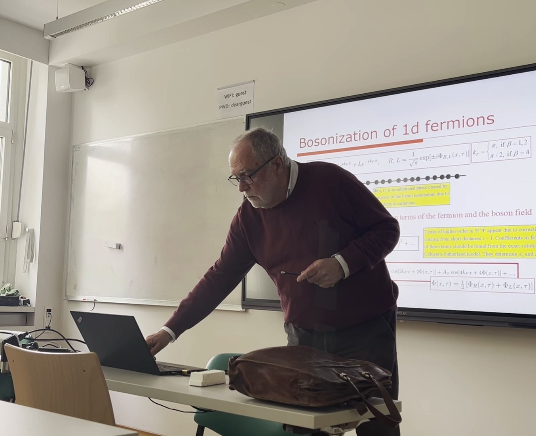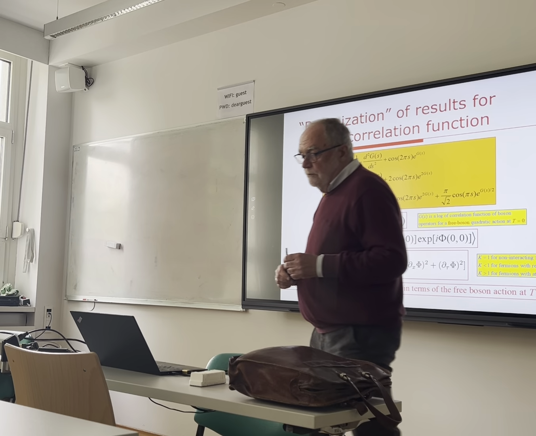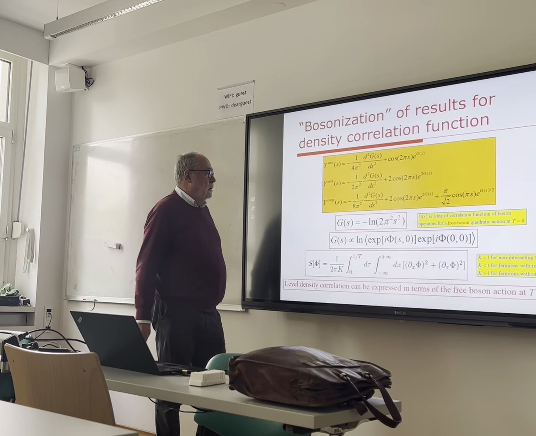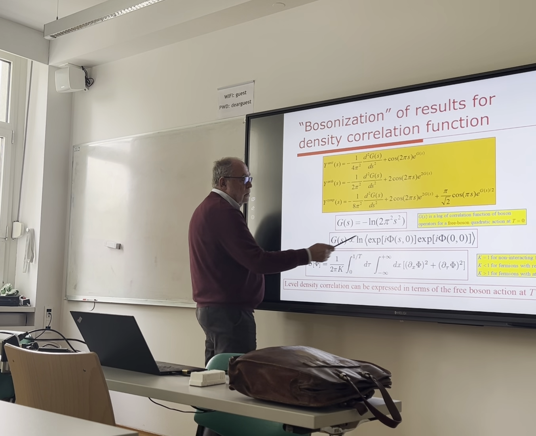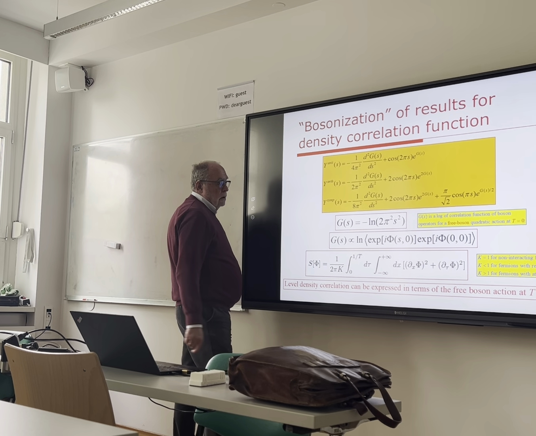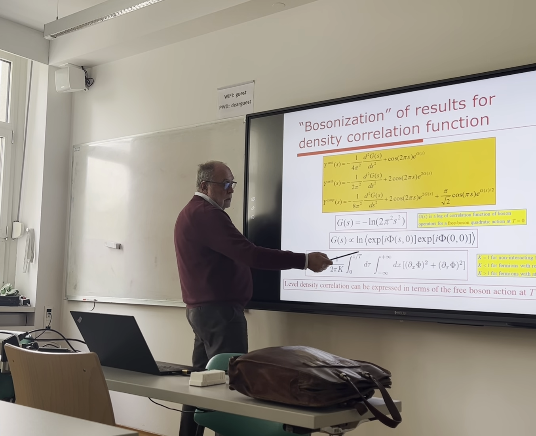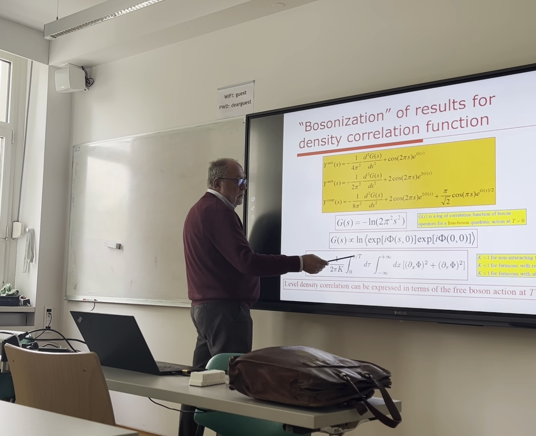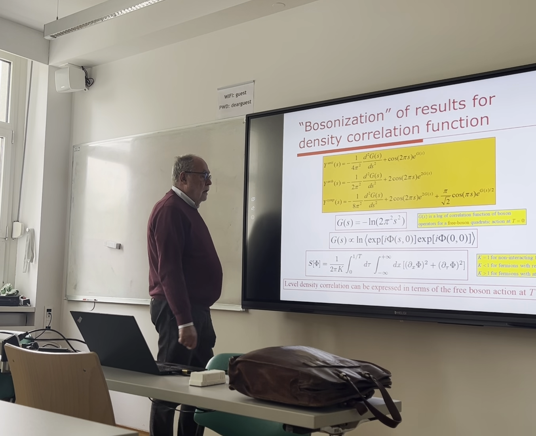So, what I said is that this correlation function can be expressed in terms of some correlation function of a free boson field, which is a quantum field, and therefore it depends on the time and on the coordinates. So it is a 1 plus 1 theory.